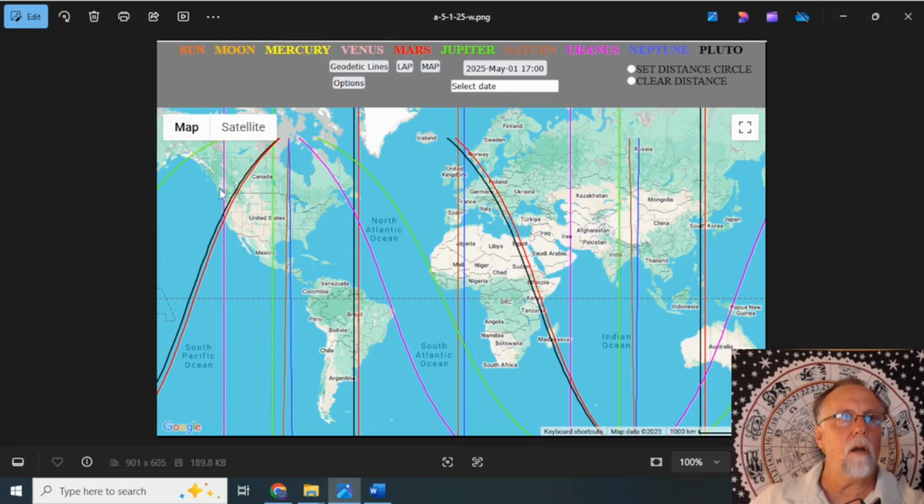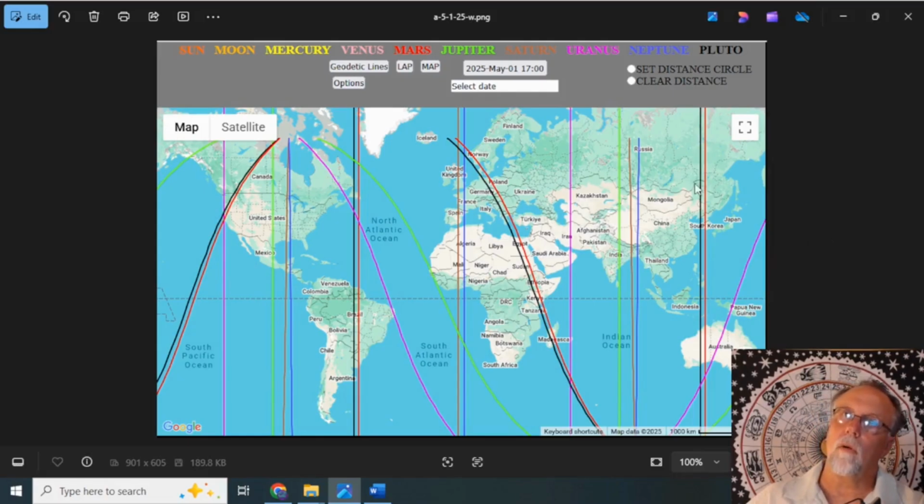A couple areas. We've got Seattle, but the other area I want to look at is right there off of Venezuela, Brazil. We've got the Pluto-Mars right here. But here's another area. This area right here, Mars is going to be going over Israel, Iraq. Iran has got that Uranus line.